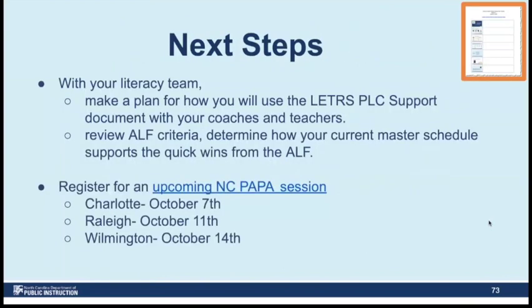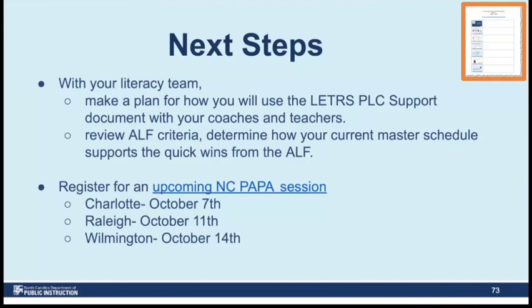All right, so everybody's kind of got a thought about how we can use this tool. Please continue to do that. So as you're thinking about next steps with your team, and thinking about your note catcher, going back to that, are there things that you need to reflect on that would help you with PLC support, coaching, using the ALF, looking at master schedules, and what we call quick wins?